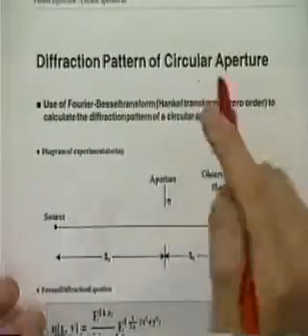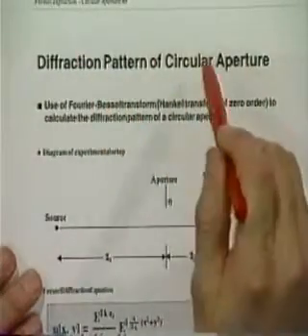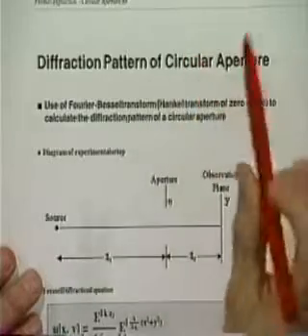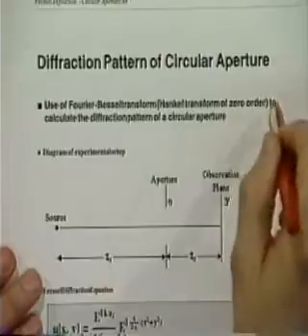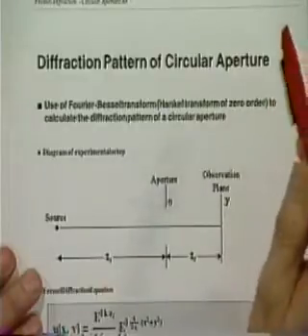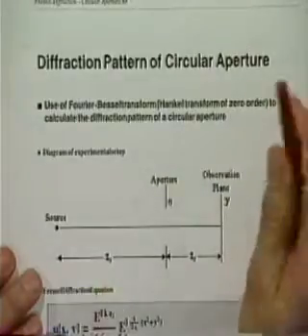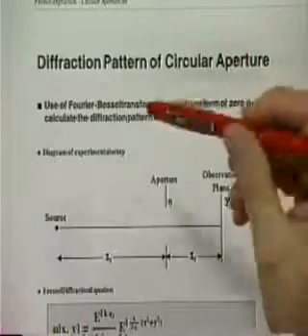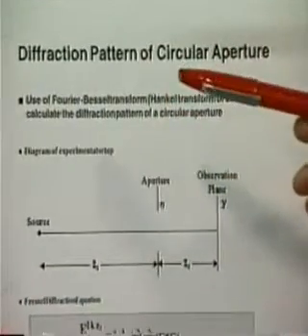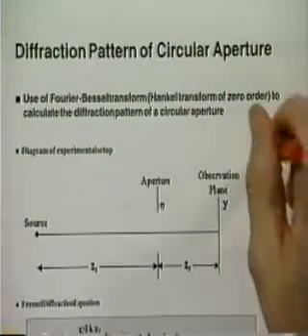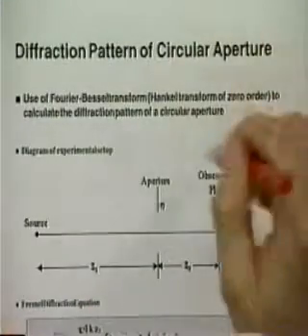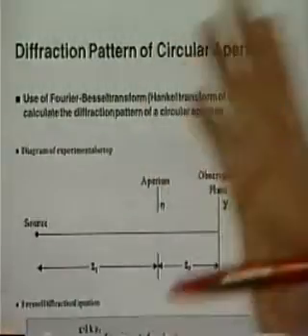Anyway, what we're going to say a little bit here is about calculating the diffraction pattern of this circular aperture. And I'm going to try to remind you of Gaskell's course that you took. Remember when you took the Fourier transform of a rotationally symmetric function, there was something tricky that you could do.